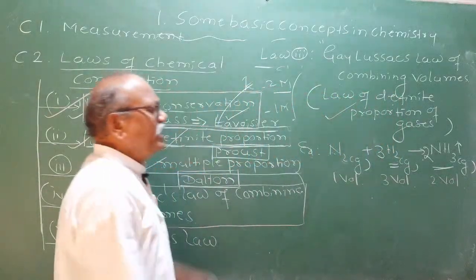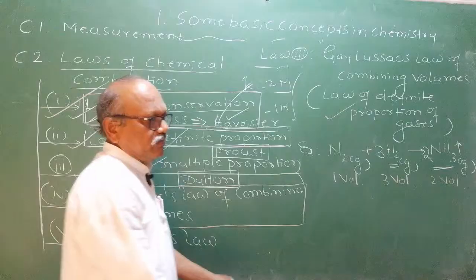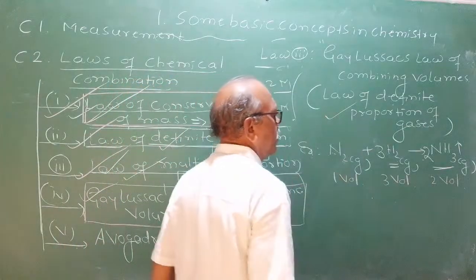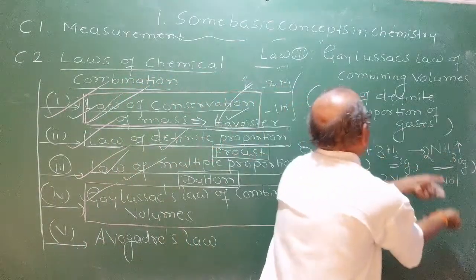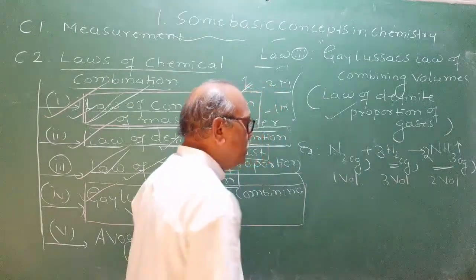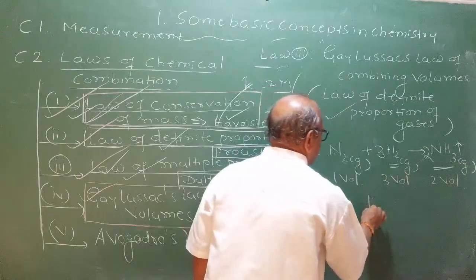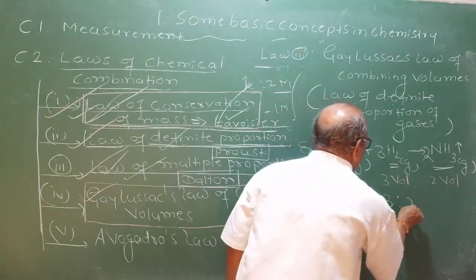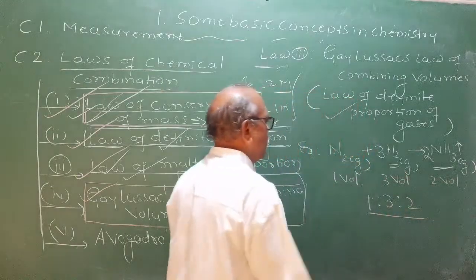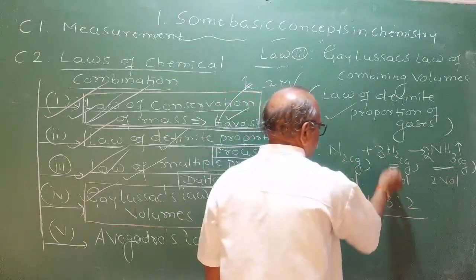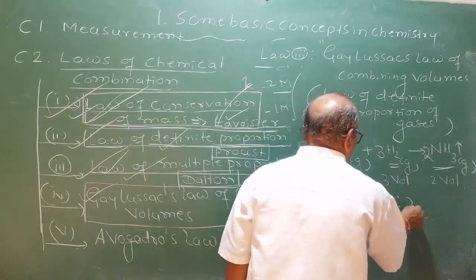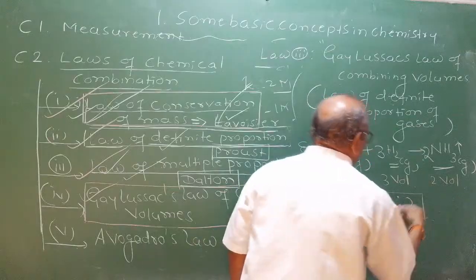When a gas is combined, or a gas is produced by the chemical reaction, the volumes of the gases of all reactants and products will bear a simple whole number ratio. That is, nitrogen is 1, hydrogen is 3, and ammonia is 2. 1 is to 3 is to 2.